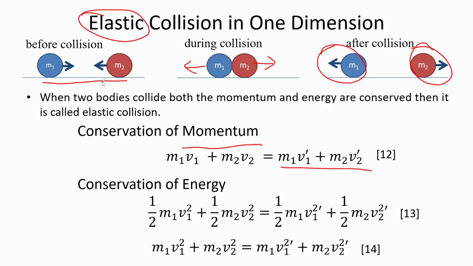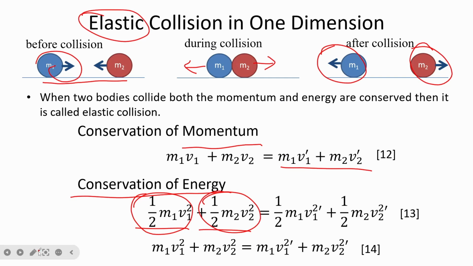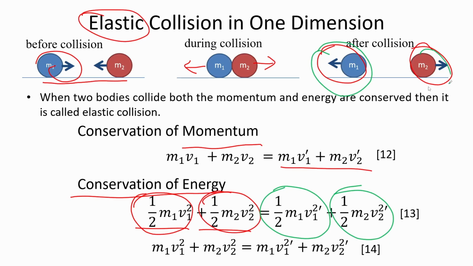Okay, the next one is that the energy is conserved. Here they're all moving, so the only energy present is kinetic. The kinetic energy of m1 is given by this one, and m2 is given by this two. And of course, after collision, you have 1/2 m v1 squared, and the other one is v2 squared.